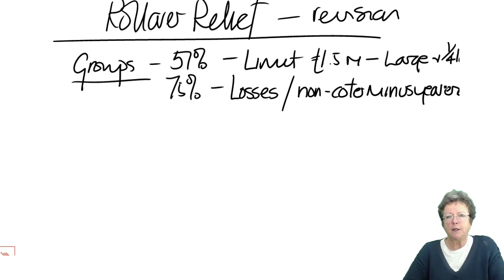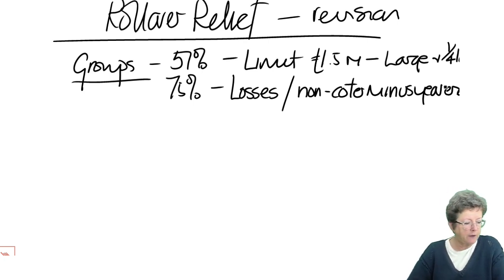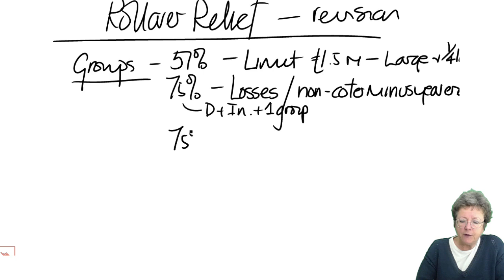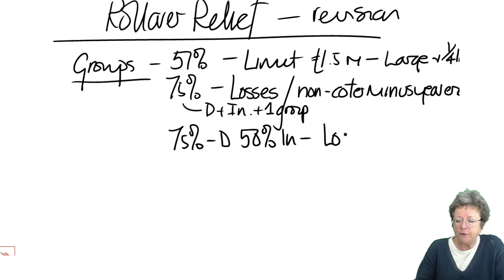Review that question again, make sure you understood all the various different elements to it. And that was direct and indirect. And you can be in more than one group. And then the 75% direct, 50% indirect for losses. And you can only be in one group.